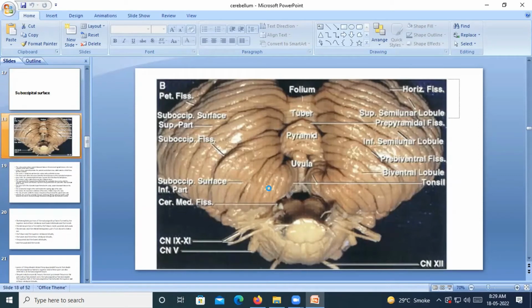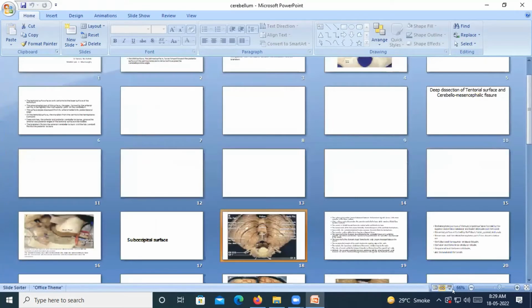Okay, so as we were dealing with the suboccipital surface, here we could see. Can you go to full screen, please? Yes, sir, I have done it. And you have got a lot of text, so I suggest you stick to the diagrams if you can. Okay, sir.